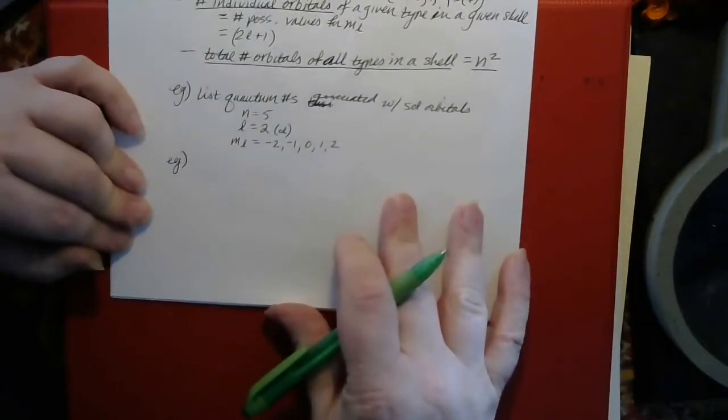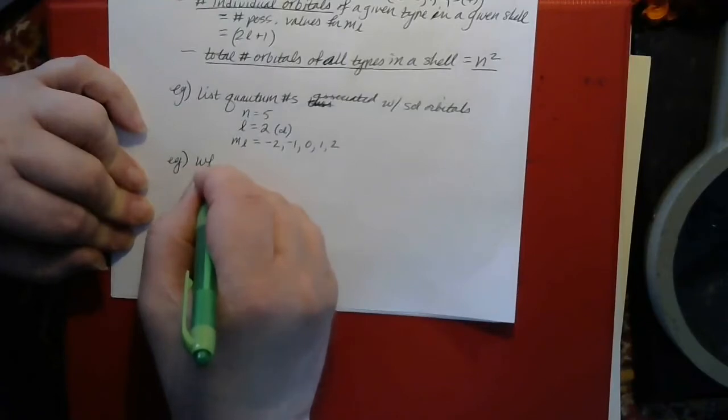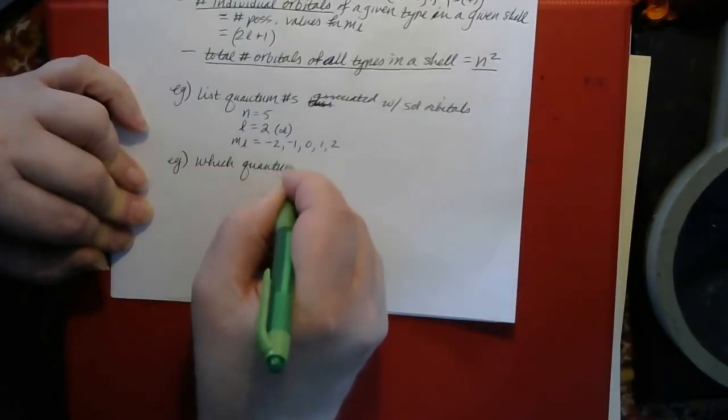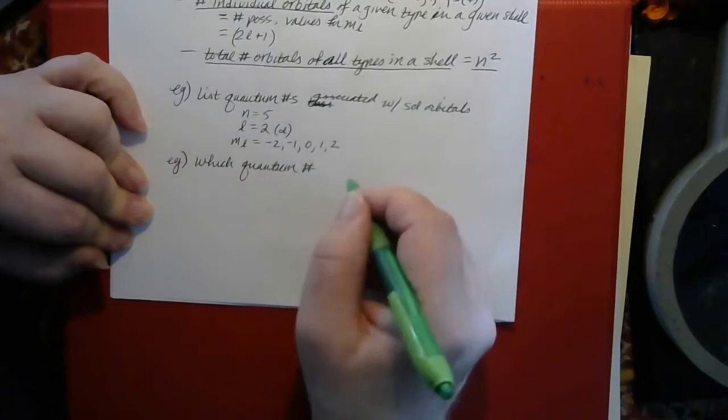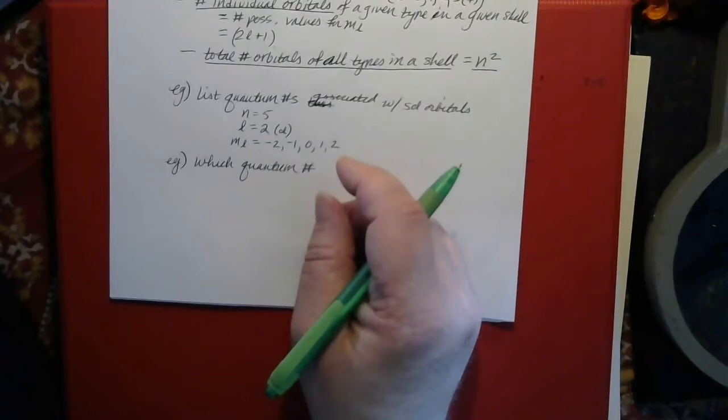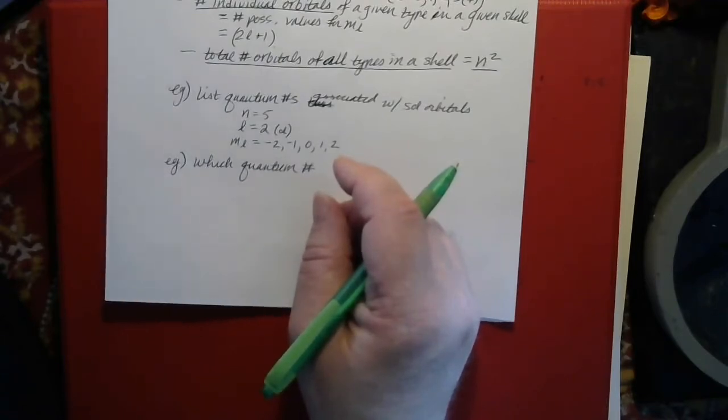Another example might be, say, given a list of quantum numbers, which group of quantum numbers is possible, which ones are not possible, and of the ones that are not possible, why?